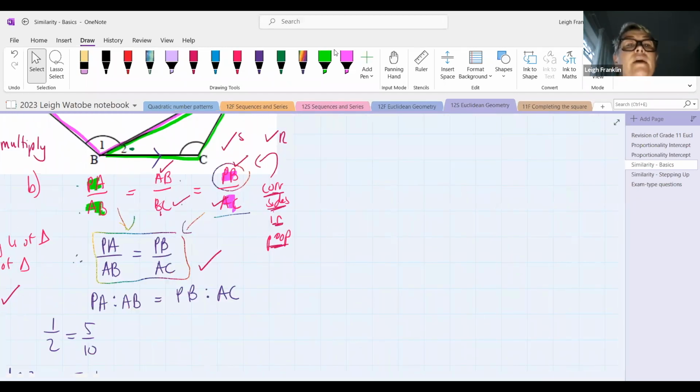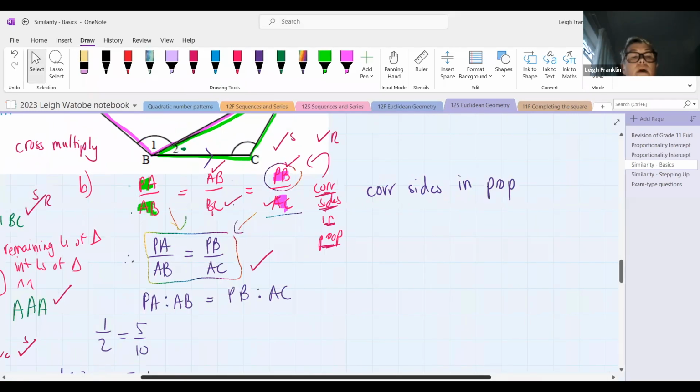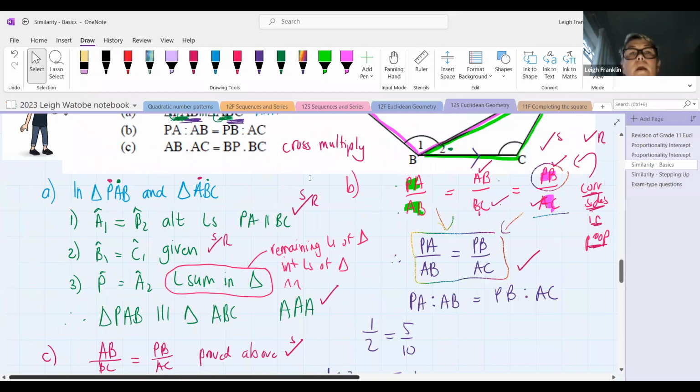So what I've written here that's maybe not very clear to see is this: corresponding sides are in proportion. Okay, and that's in similar triangles. Yes. Yeah, so that's why I've said it's proved above, because I've proved it in the previous question. Quite right. Okay. No problem.